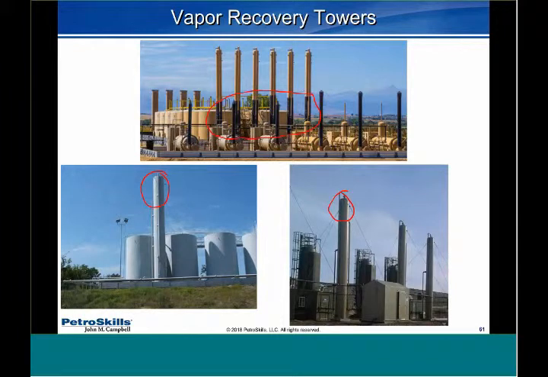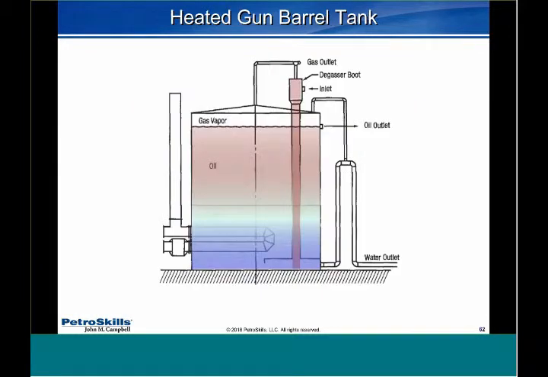And that's why I say you're probably better off to use a heated gun barrel tank. I'm not recommending that you use a direct fired gun barrel tank because the next thing we're going to talk about in a few minutes is the failures of the fire tube. You could have a fire and light a problem with your battery.